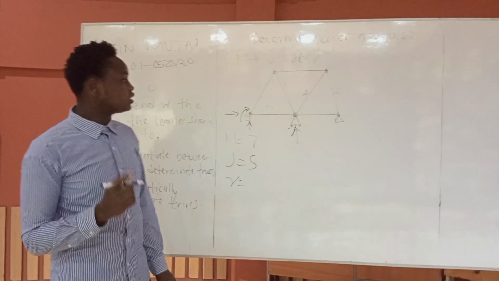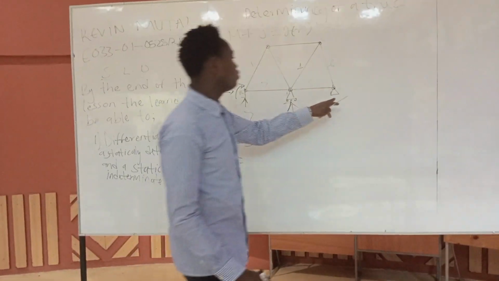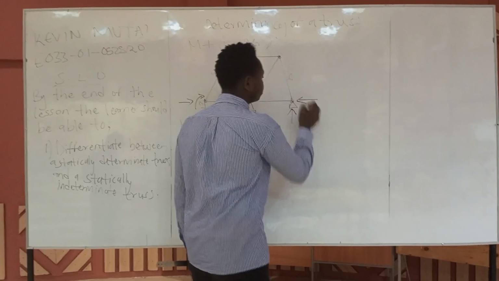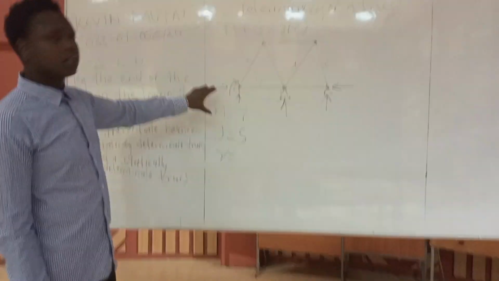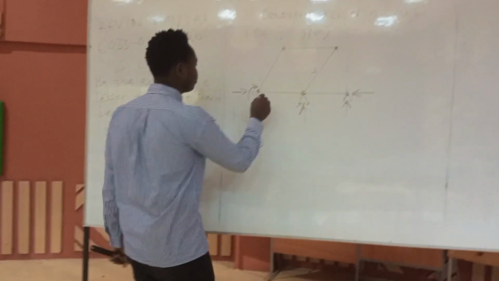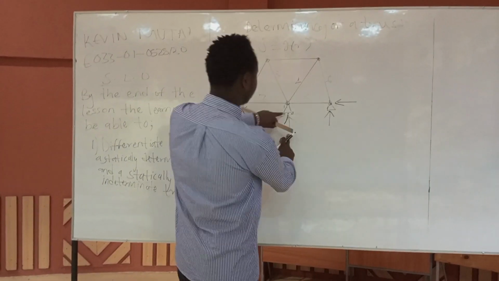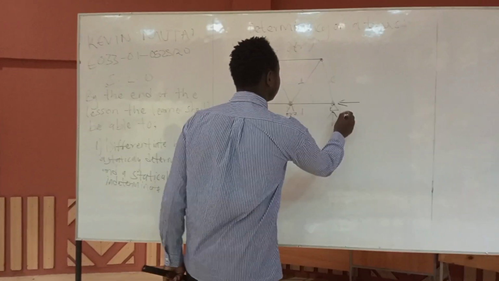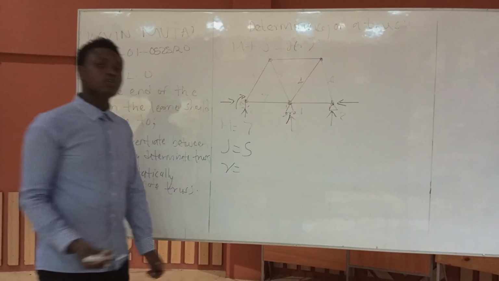Pinned supports normally have two forces, vertical force and horizontal force. So from the farthest end A, we have 3. At point D, we have 1, and at point E, we have 2. So 3 plus 1 plus 2 is 6.